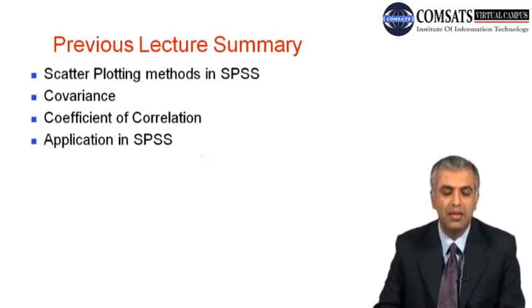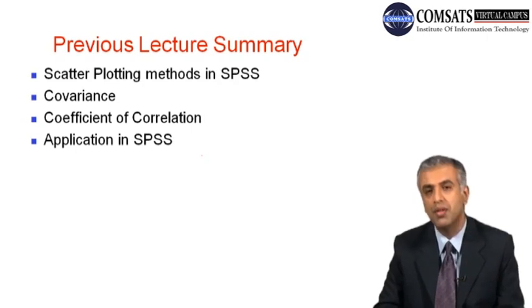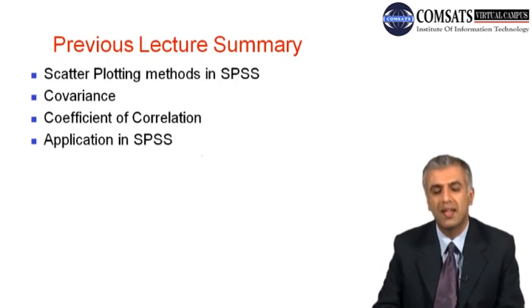We went through the different methods through which scatter plotting can be done, and after that the two most important quantitative measures were discussed in detail. First is covariance, which is used to express the relationship of two variables. Scatter plotting just gives us a graphical review of the nature of the relationship, but covariance gives us a figure, an intensity scale in which the relationship between the two variables can be measured effectively.